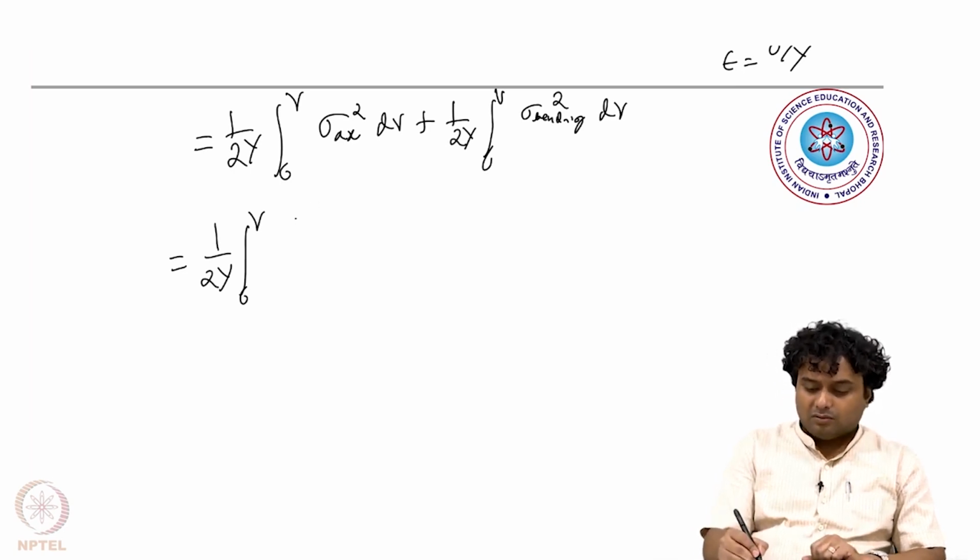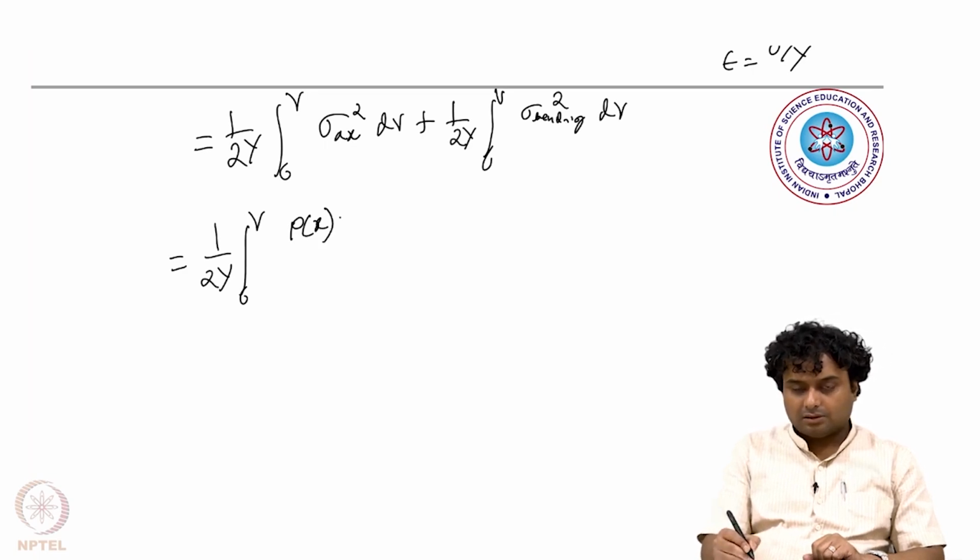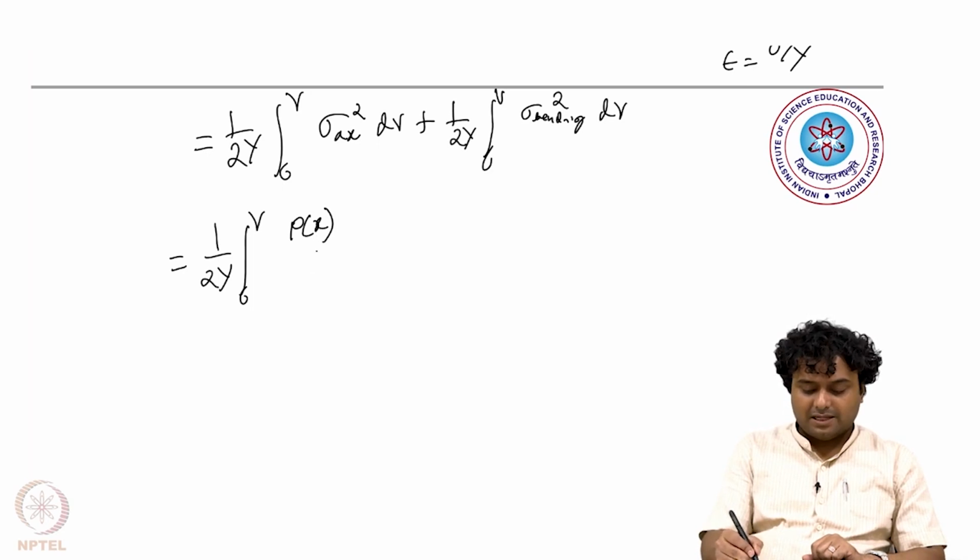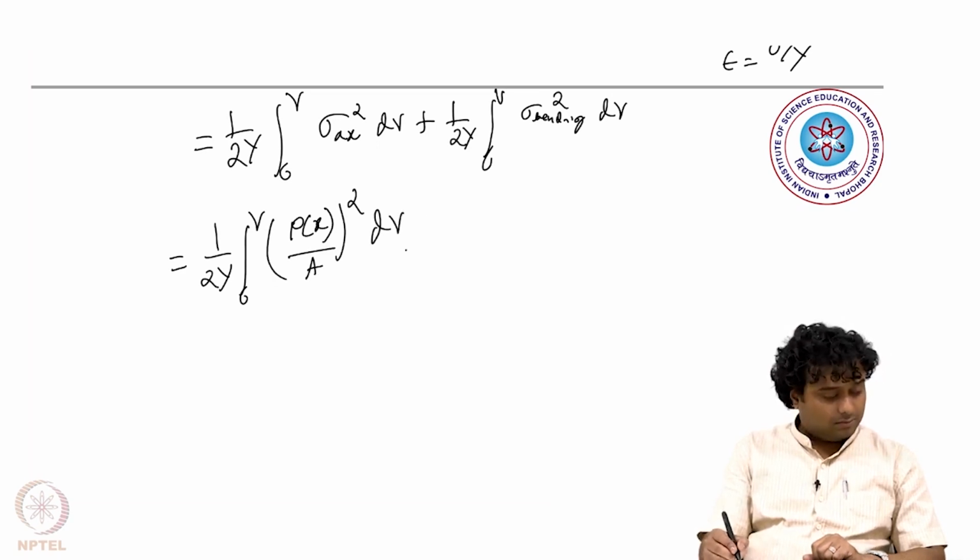So let us assume the force at any point x in x direction is Px, okay, then it will be Px by A whole square dV, or we can write dV as A dx.